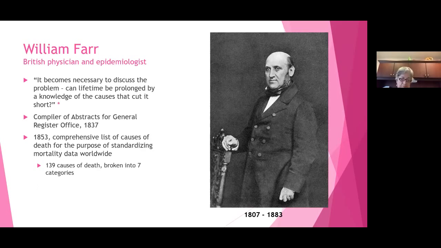If you'll remember, the General Register Office that England used to replace the bills of mortality with, when they opened that office in 1837, they invited William Farr to be the compiler of abstracts. And in 1853, he composed his own list for causes of death for the purpose of standardizing mortality data worldwide. His list had 139 causes broken into 7 categories.